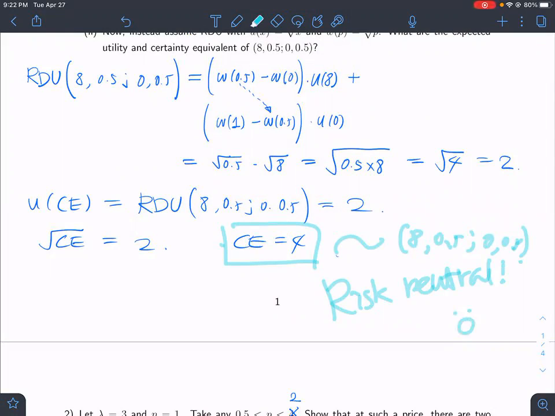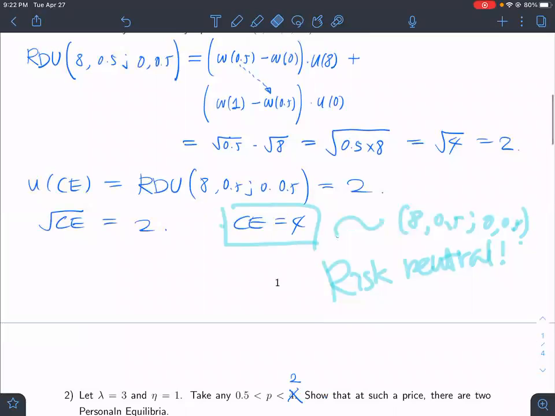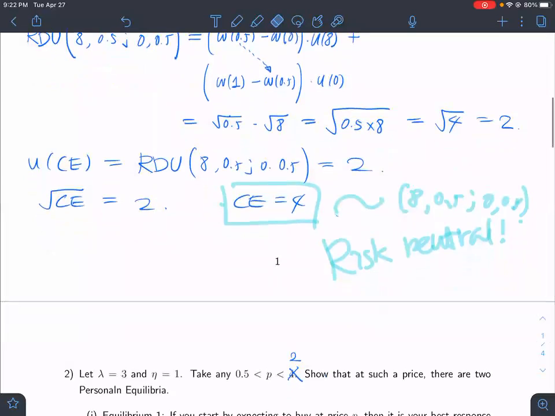So if we use rank-dependent utility, it might give you a different result compared to expected utility. A person can be risk averse using expected utility, but here a person seems like a risk neutral person. Any questions? Okay.